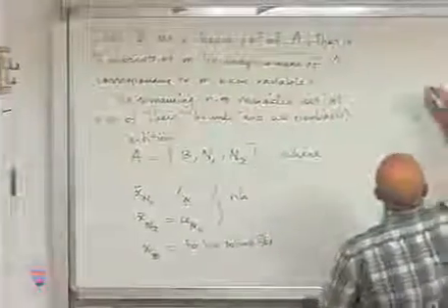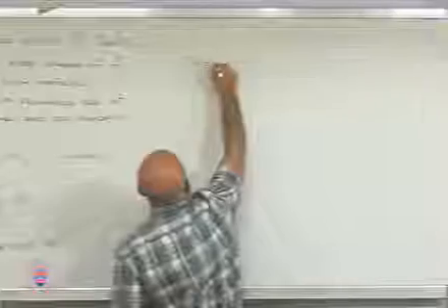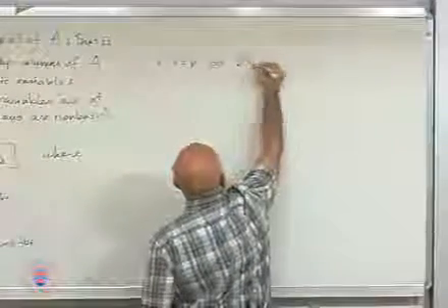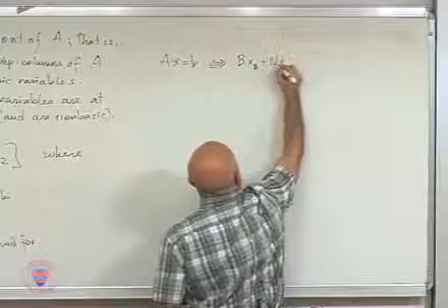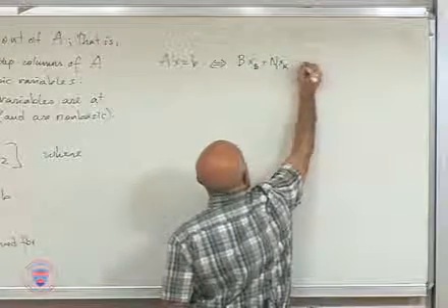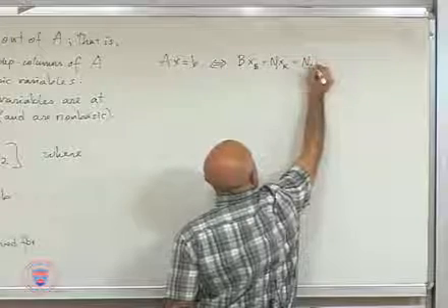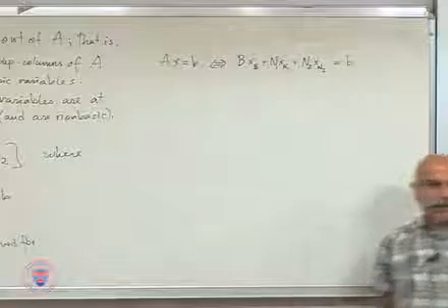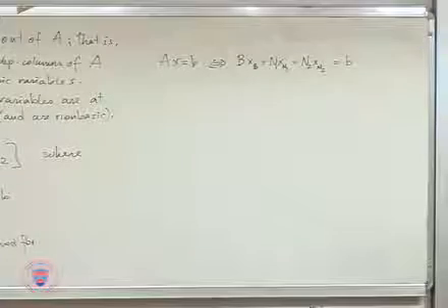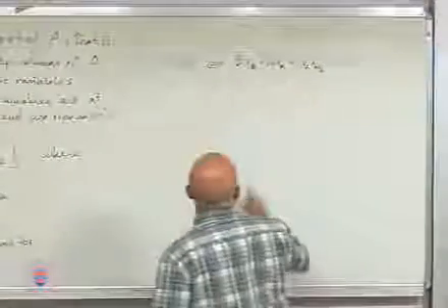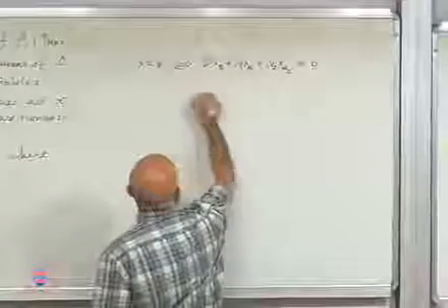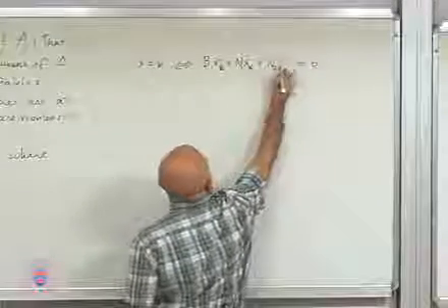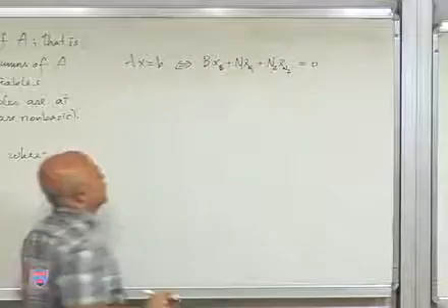Well, we just rewrite AX equals B in the form B XB plus N1 XN1 plus N2 XN2 equals B. That's the equality portion of the constraints. And of course, we're talking about the particular solution. So we've got bars here.